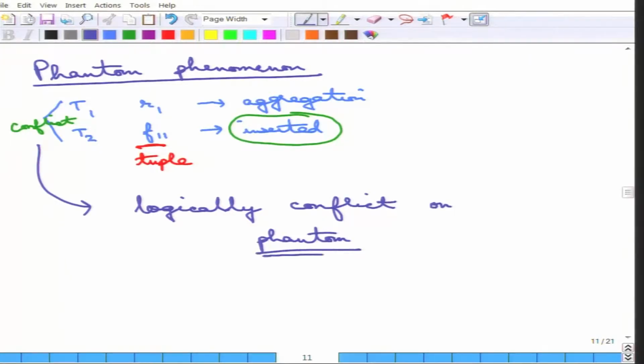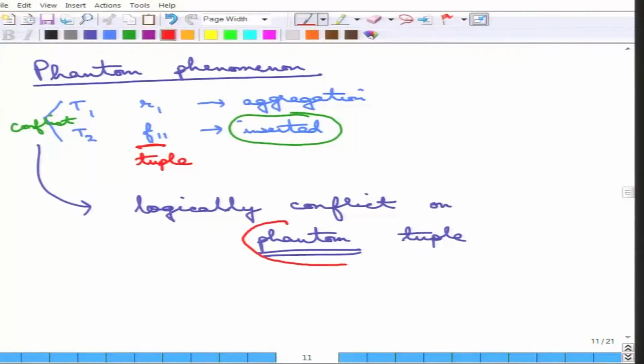F11 doesn't even exist for transaction 1. That is why this is one of the hardest problems in databases to catch. So this F11 is known as a phantom tuple, and this whole phenomenon is known as the phantom phenomenon.